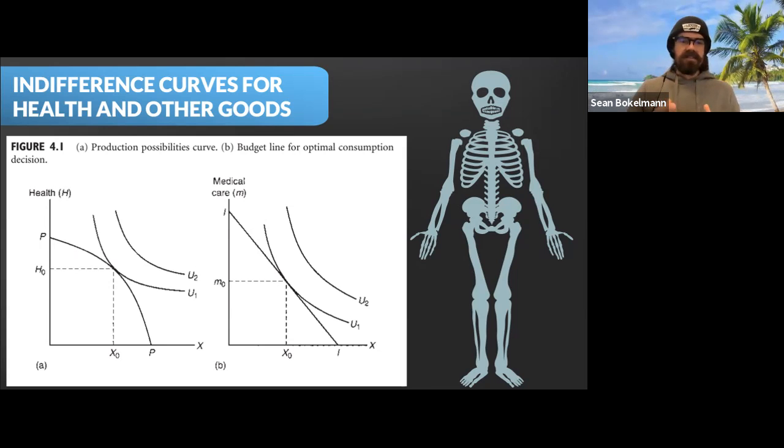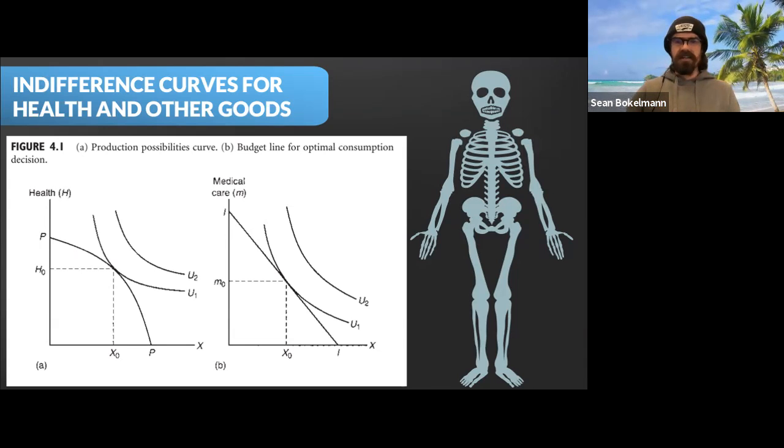Basically, what we're looking at here are a couple of indifference curves which both represent the same level of utility. U1 on the left is the same level of utility as U1 on the right side of the figure.